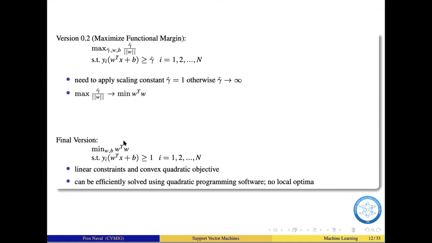So now we have a linear constraint here, and a convex quadratic objective function. Now this actually is a very good formulation because we can efficiently solve this minimization problem using what is called quadratic programming. This is quadratic, and there are no local optima.